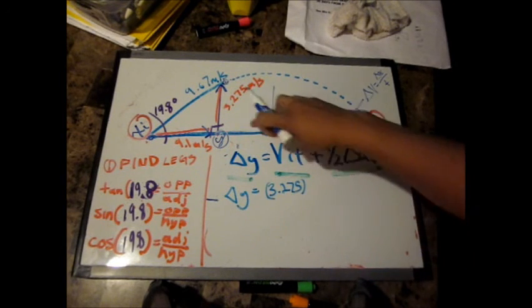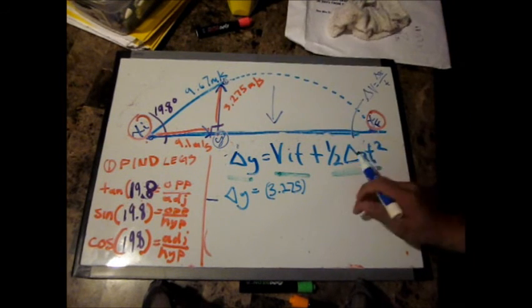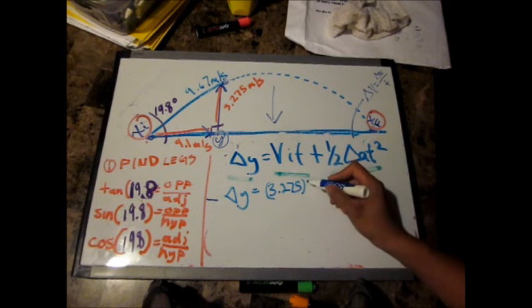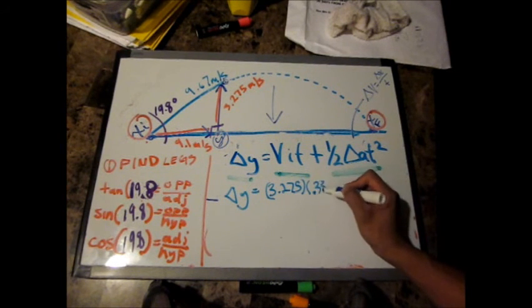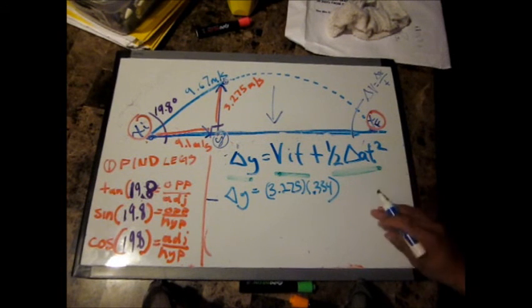So our change in y, our maximum point from this point to this point, is that, and what did we say our time was? We said our time was 0.334, right?